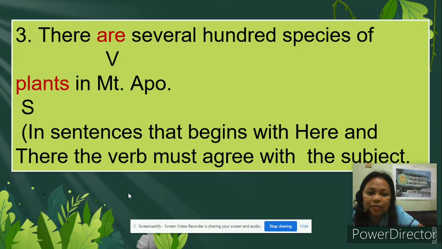It is are. Since it is a plural subject, the verb must also be plural. So plural subject takes plural verb. Okay? In sentences that begin with here and there, the verb must agree with the subject. Okay.